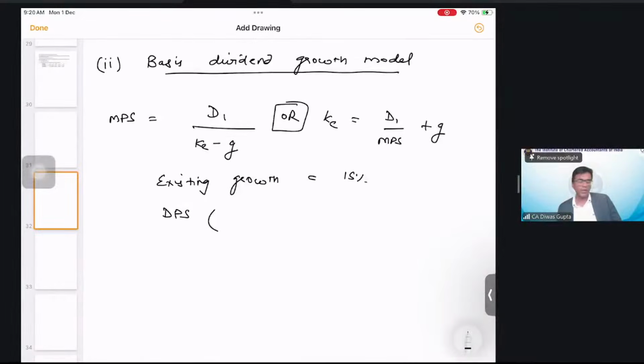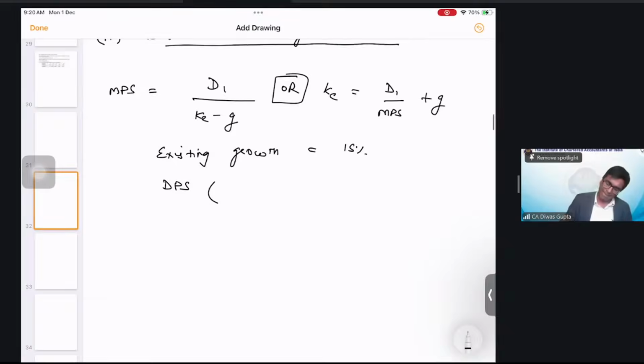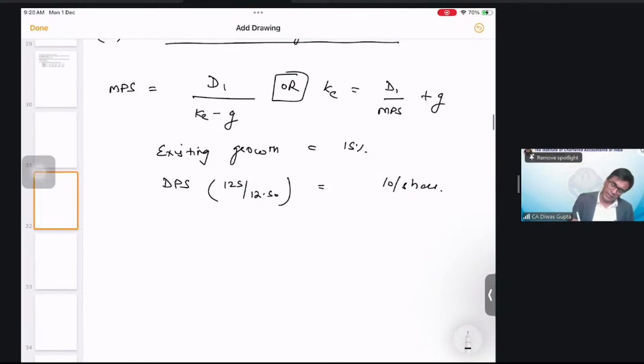This is for the company we are talking about, SVL. Okay. So the dividend per share is 125 divided by 12.50, which is 10 per share. So the dividend that we are paying is 10 per share. Earnings we are having 20 per share. Okay. Market price per share is already given as 75.